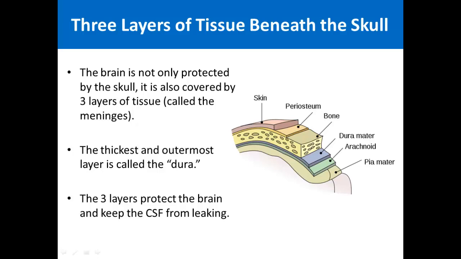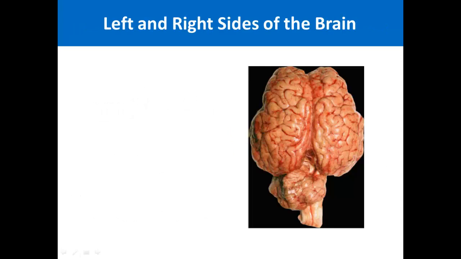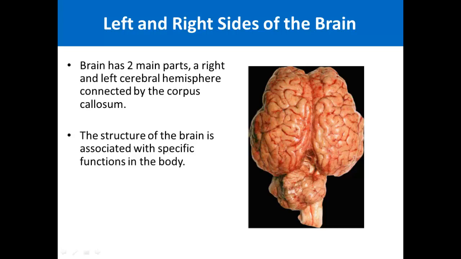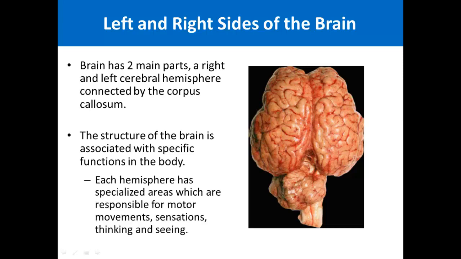When you look at the entire brain, it is made of two main parts, a right and a left cerebral hemisphere. Now, those two parts of the brain are mirror images of each other, and they're connected to each other through some neuron fibers called the corpus callosum. The structure of the brain is associated with very specific functions of the body. Each one of these hemispheres has specialized areas which are responsible for motor or movement of the muscles.